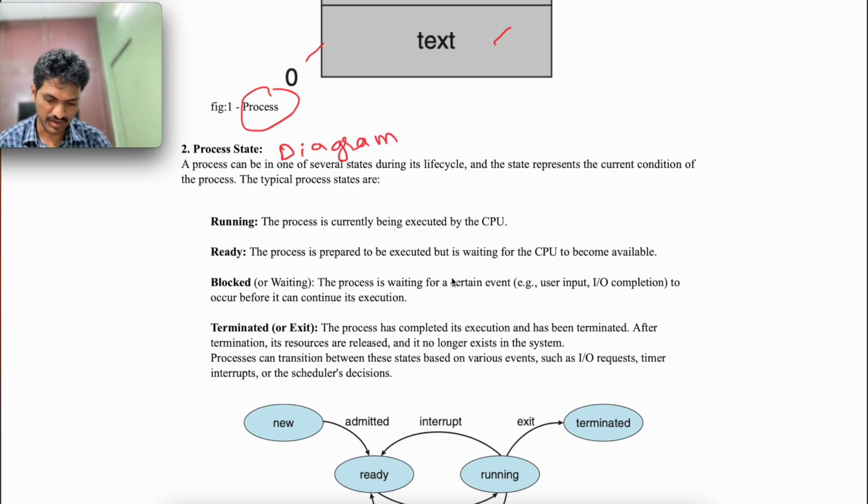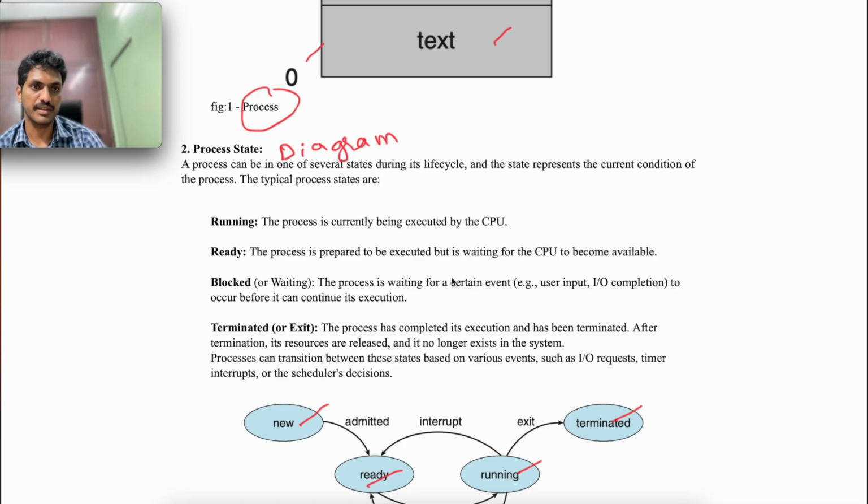So here: new state, terminated state, ready, running, and waiting. There are 5 states. Mention the states one by one and write 1 or 2 lines about each state. New is the state when the process enters into the system.